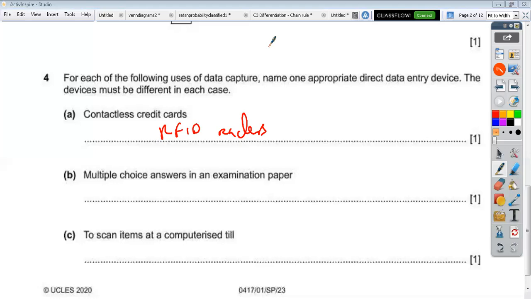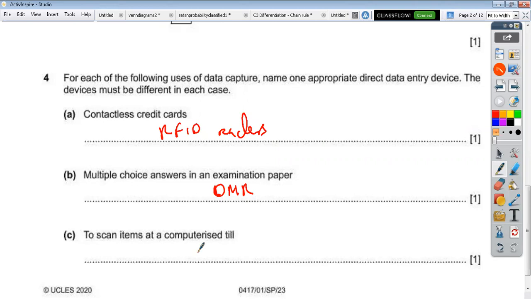Oh yes, that takes time to say, so people are not reading. Optical mark recognition. That's the only thing, there's no other thing that can mark that. Optical mark reader.